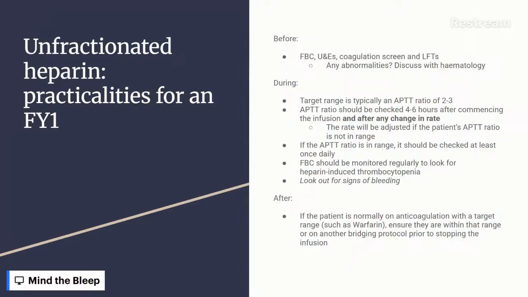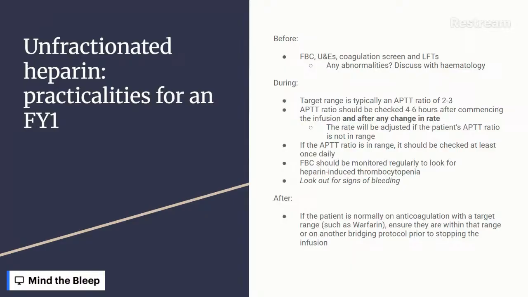And that's you done. You're not expected to be acting on any obscure blood results in this context. What we're monitoring with a heparin infusion is the APTT ratio. The target range is typically 2 to 3, but again, that can change.